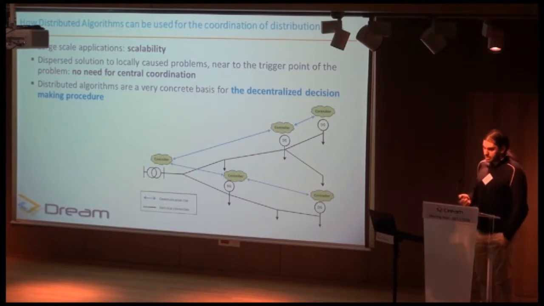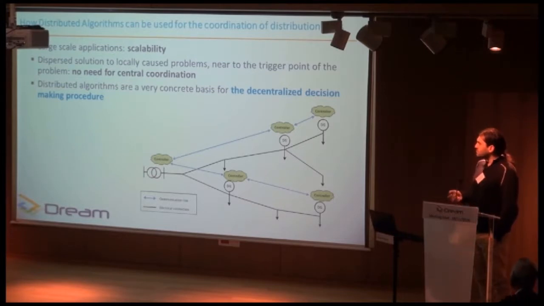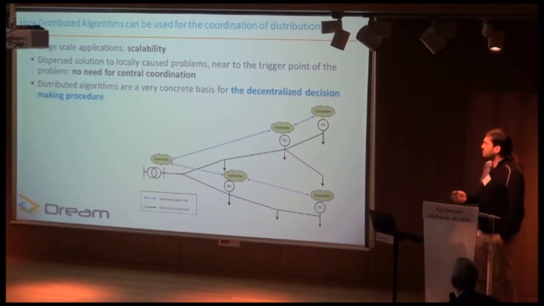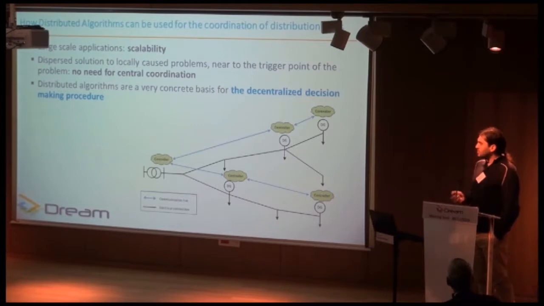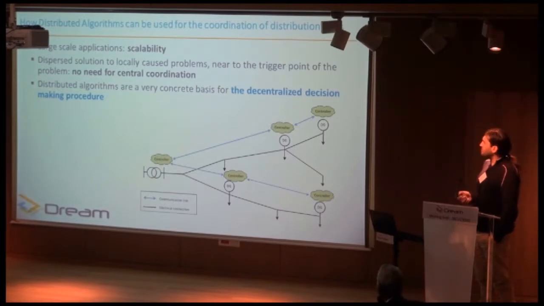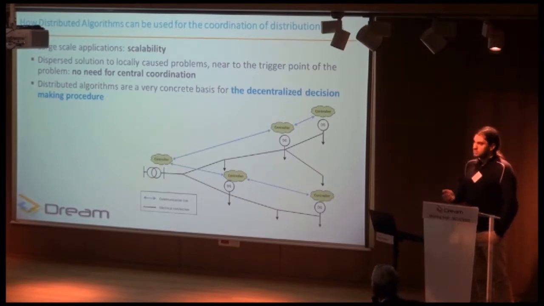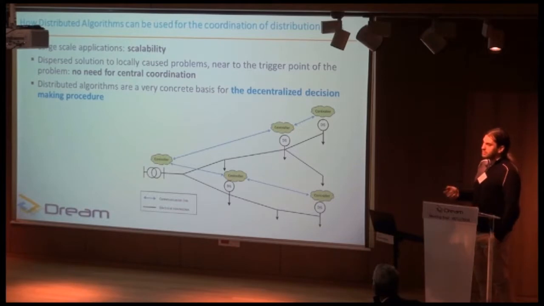So this idea that is gaining more and more interest in the past few years is that we can use these distributed control algorithms in a way to take decentralized decisions in the grid coordination.